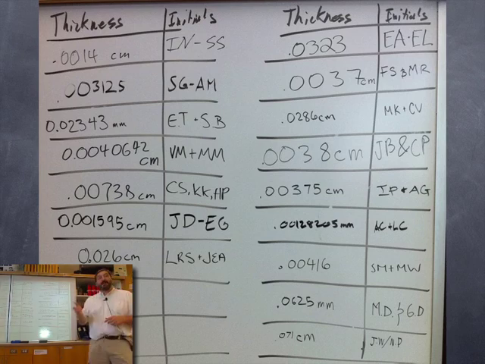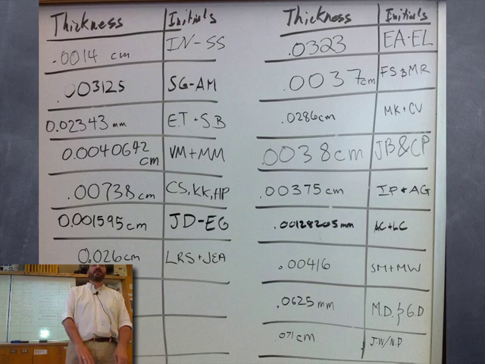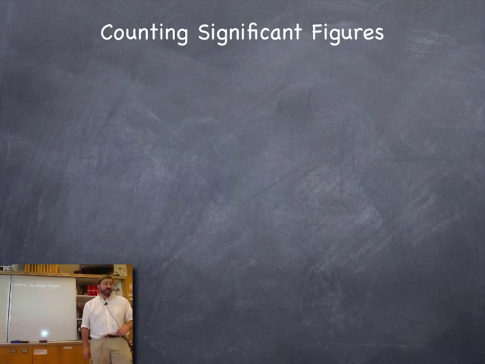One of the balances I put out would measure to the tenths of grams. The other balance I put out would measure in the hundredths of grams. The one with the hundredths of grams is about twice as expensive as the one that only measured to tenths of grams. So we want to accurately reflect those pieces of information.